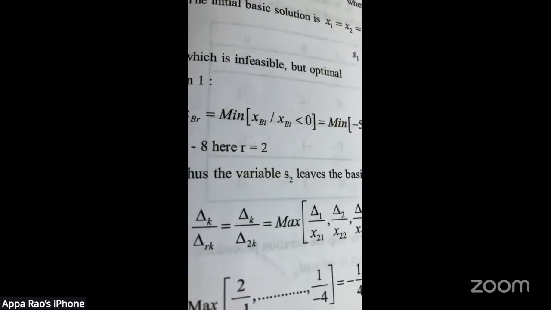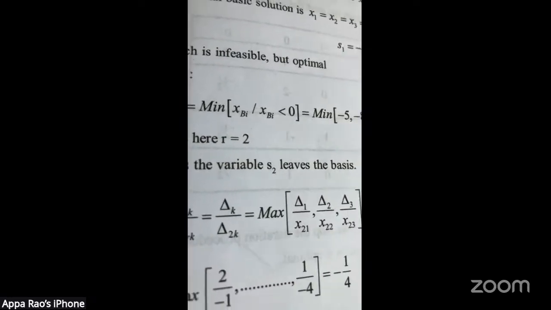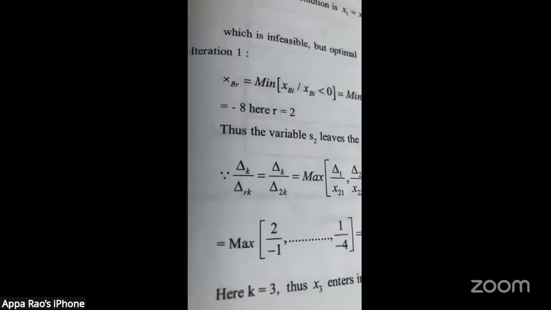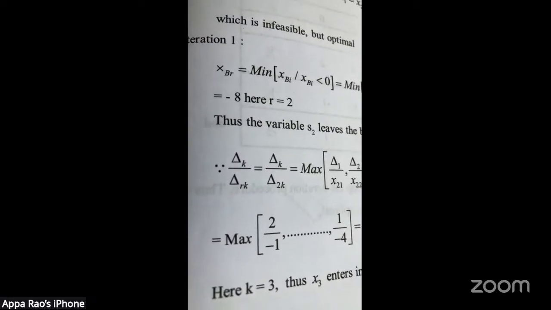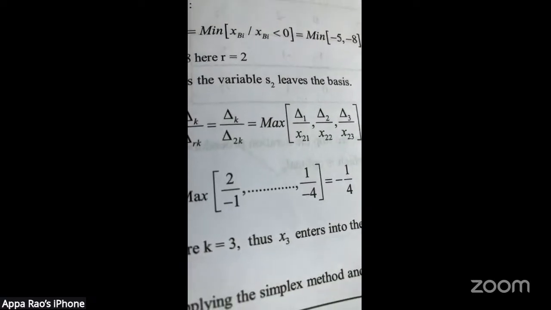Here, iteration 1. What is the iteration here? XBr equal to minimum of xBi by xBi less than 0, that equal to minimum of minus 5, minus 8, which is minus 8, here r equal to 2. Thus the variable s2 leaves the basis. Since delta k divided by delta rk, max of delta 1 by x21, delta 2 by x22, delta 3 by x23.